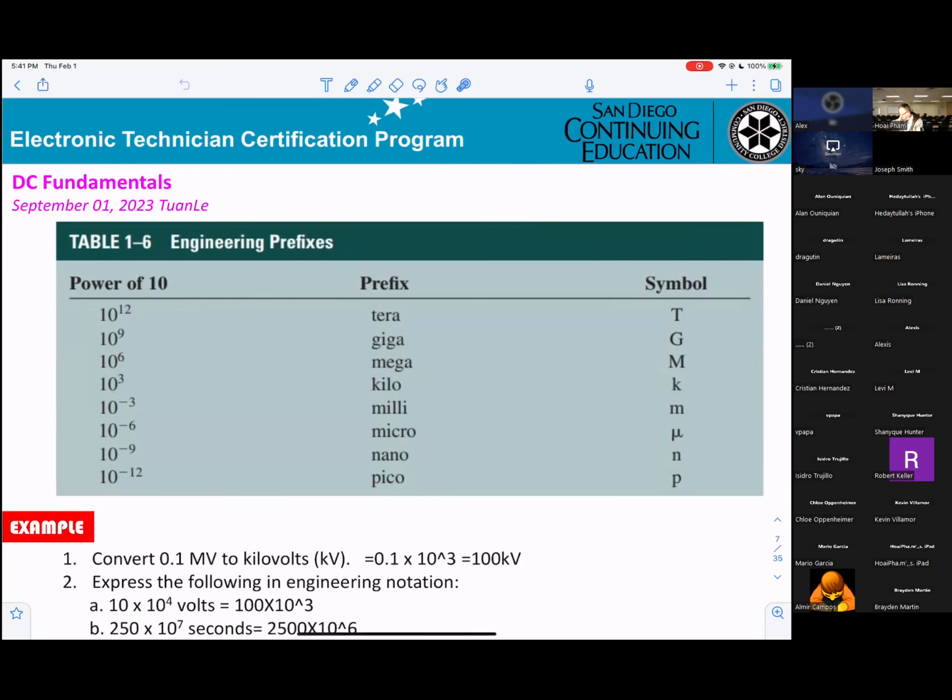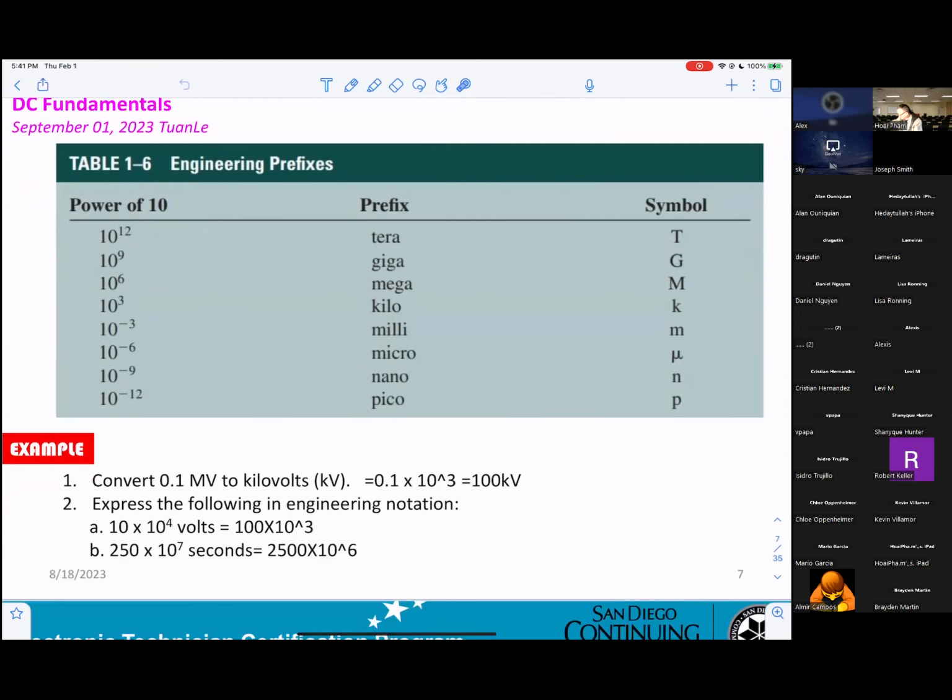Okay? In here, they're telling you to convert 0.1 millivolt to kilovolt. So first thing you get 0.1 times, mega volt.